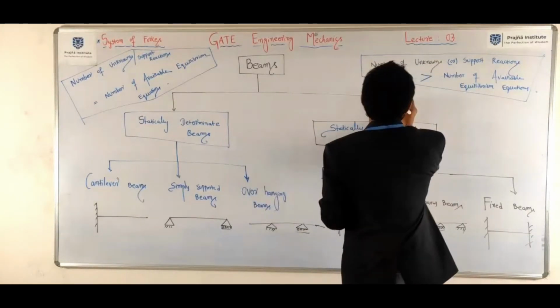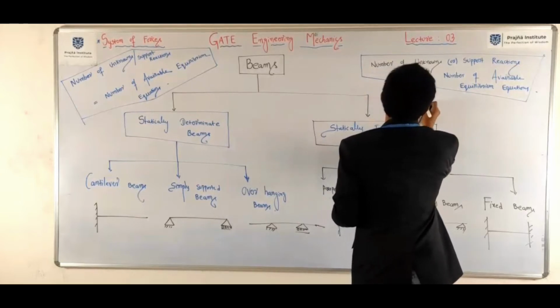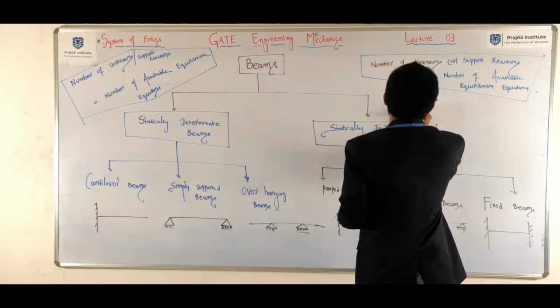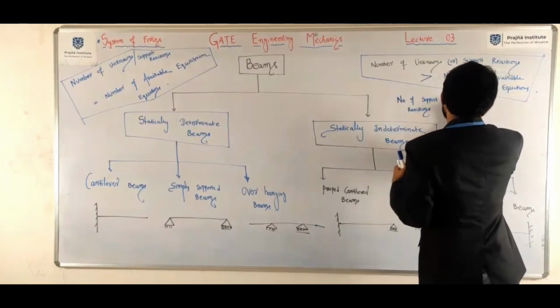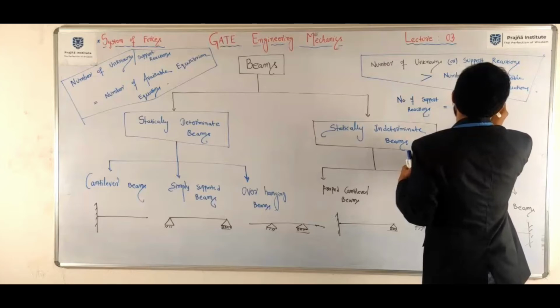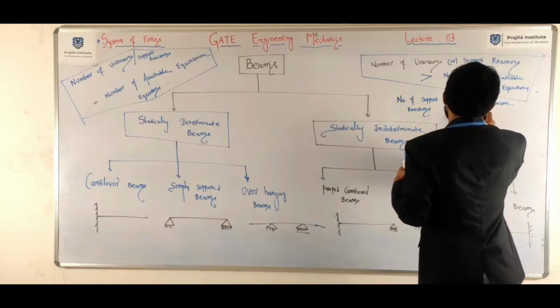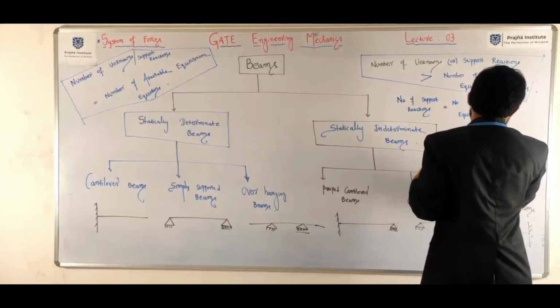Here, the number of support reactions equals the number of equilibrium equations plus the compatibility equation.